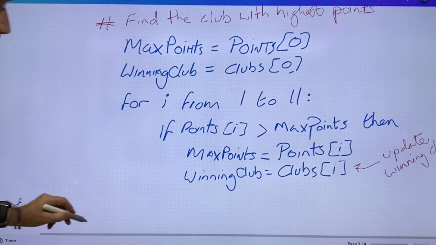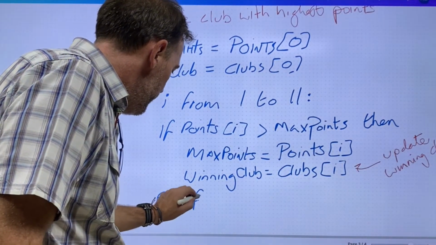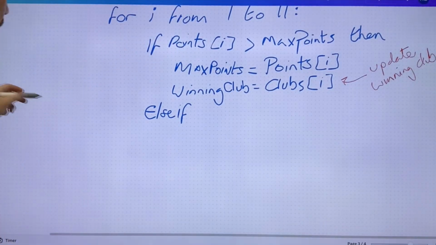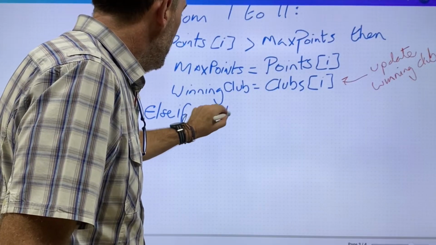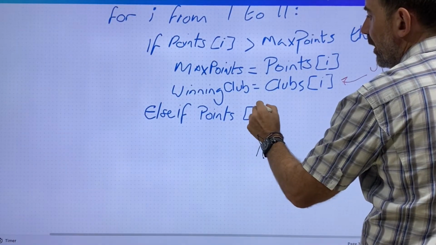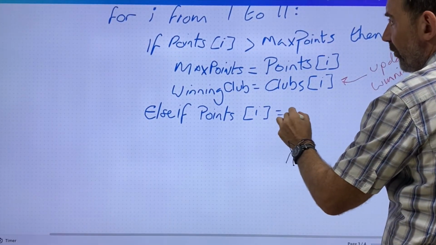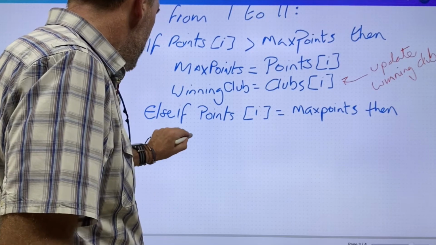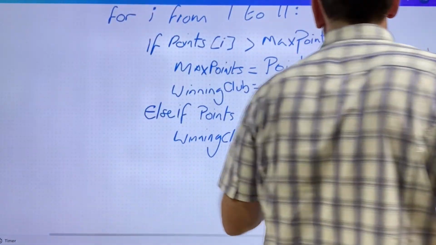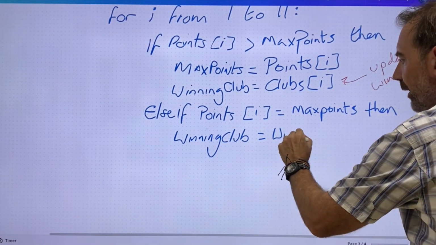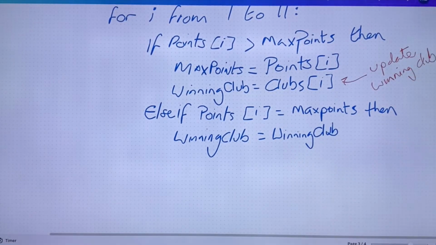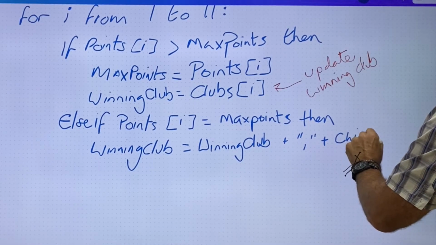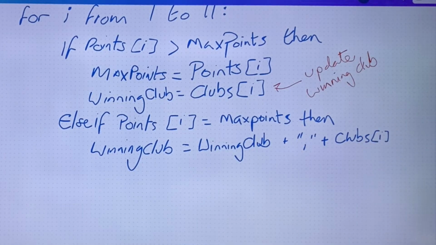But we need some validation, so else if points equals max points, then winning club equals winning club plus a comma, plus clubs index.